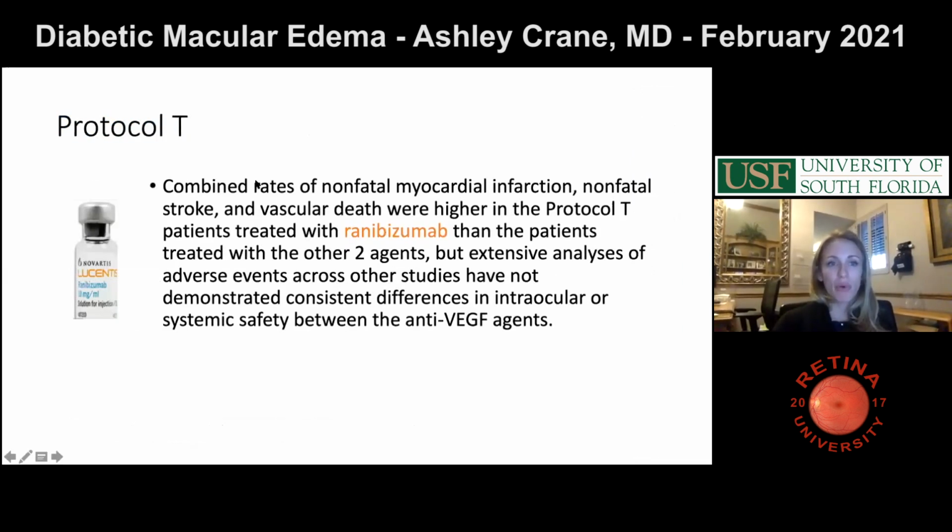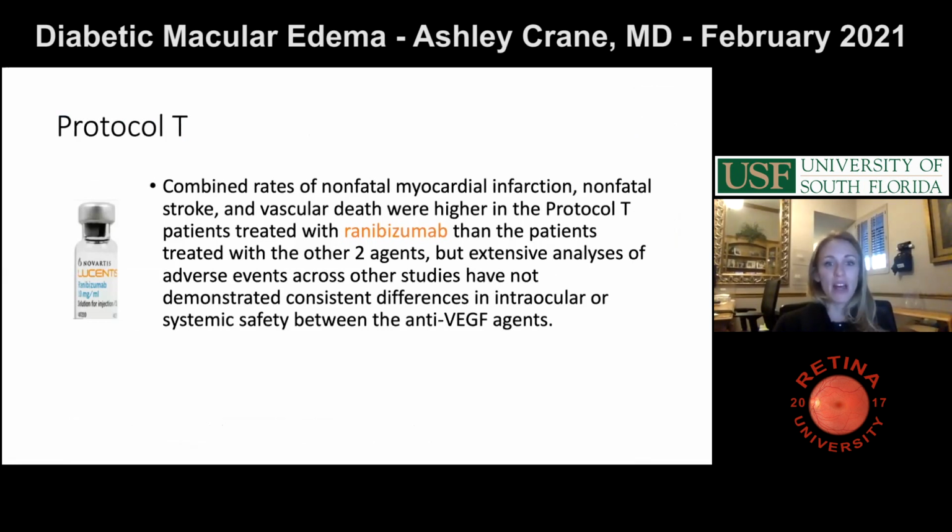Protocol T, this is important because it's something that you may need to counsel your patients about, because a lot of the diabetic patients are patients who have a lot of other comorbidities. So the combined rates of non-fatal MI, stroke, and cardiovascular death were higher in Protocol T, specifically in the ranibizumab group, than patients treated with the other 2 agents.